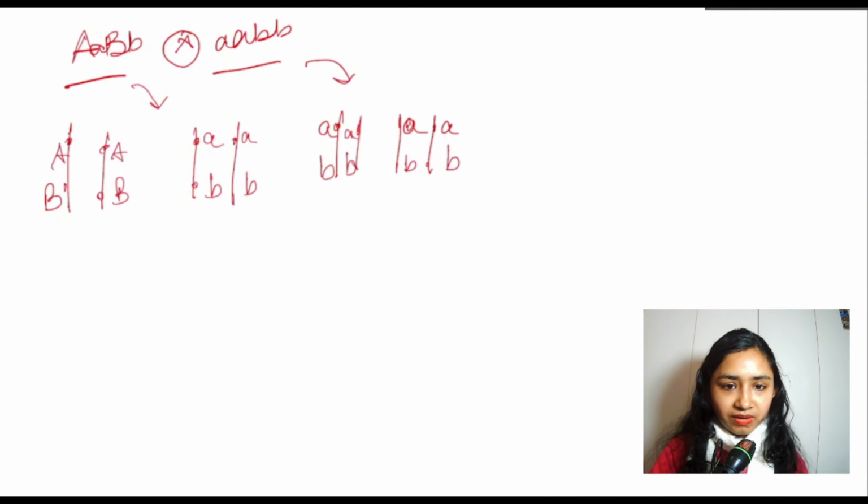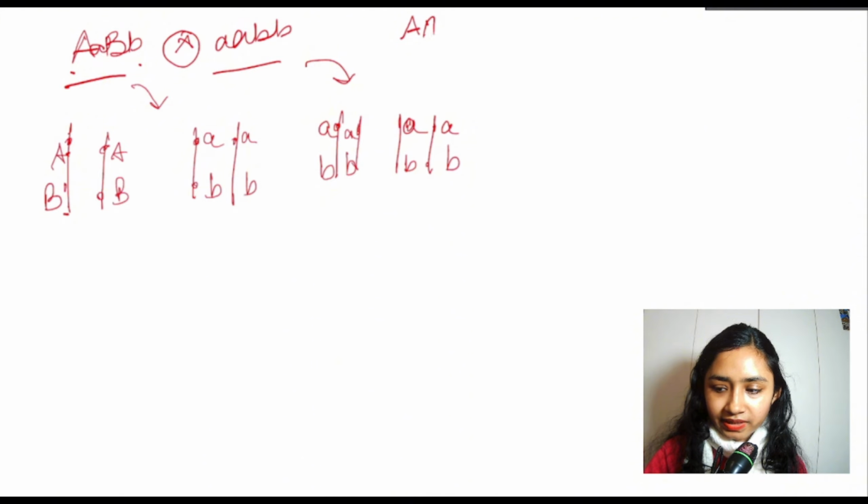Now you can ask me the question, why, ma'am, did you write capital A and capital B on the same chromosome? You could also write capital A with small b, but why did you write capital A with capital B? Because I know the parent. The parent was capital A, capital A, capital B, capital B crossed with small a, small a, small b, small b.